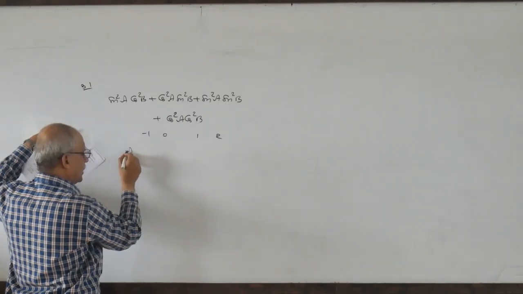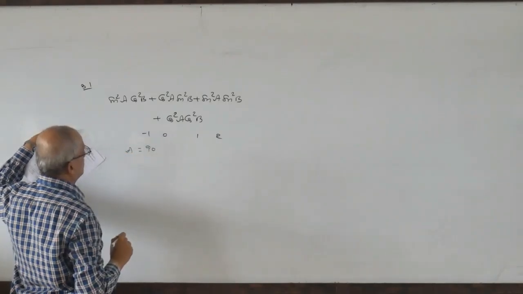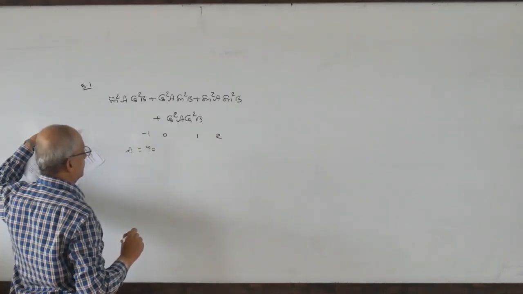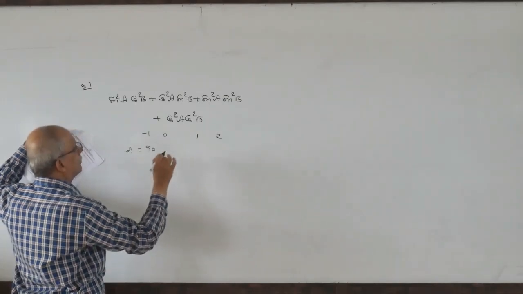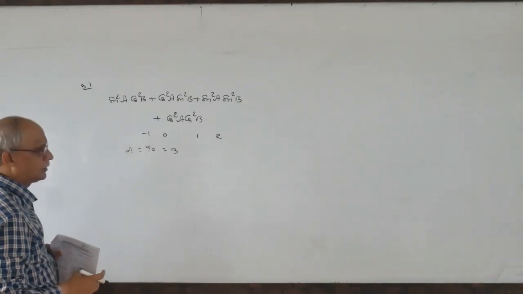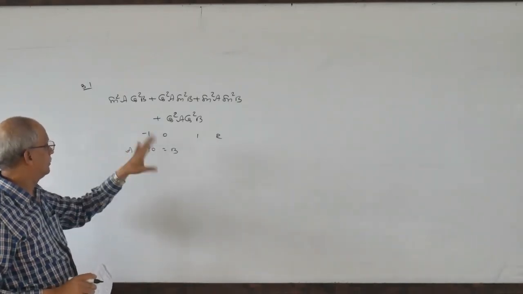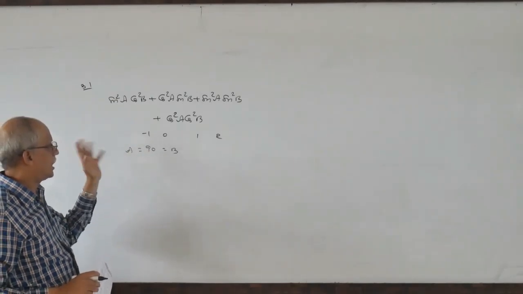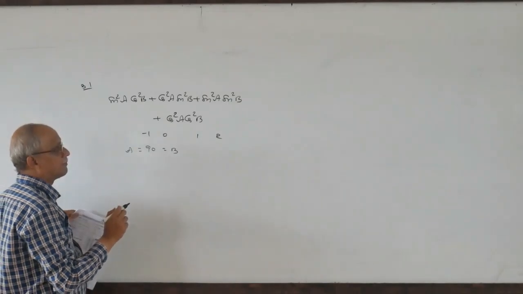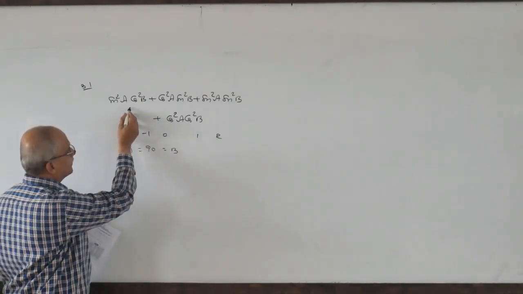So I take here A is 90. B also 90. What happens? Sin 90 is 1, cos 90 is 0, cos 90 is 0. Now you see, where do you have cos 90?